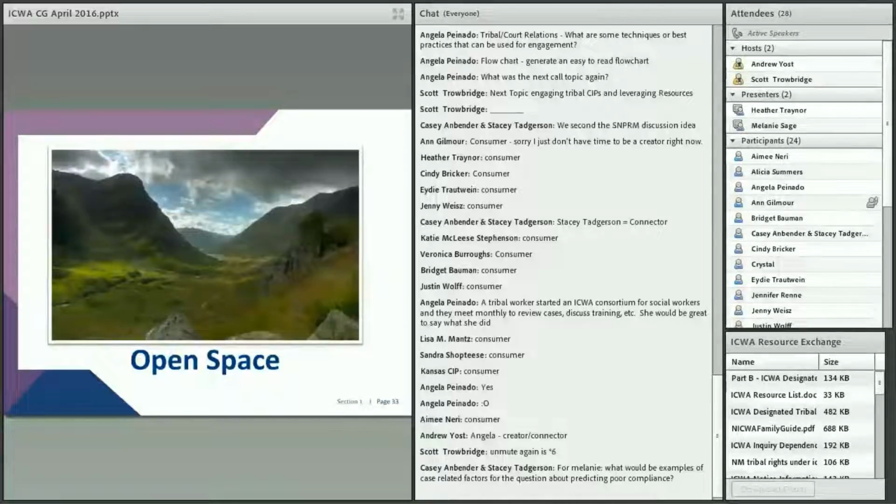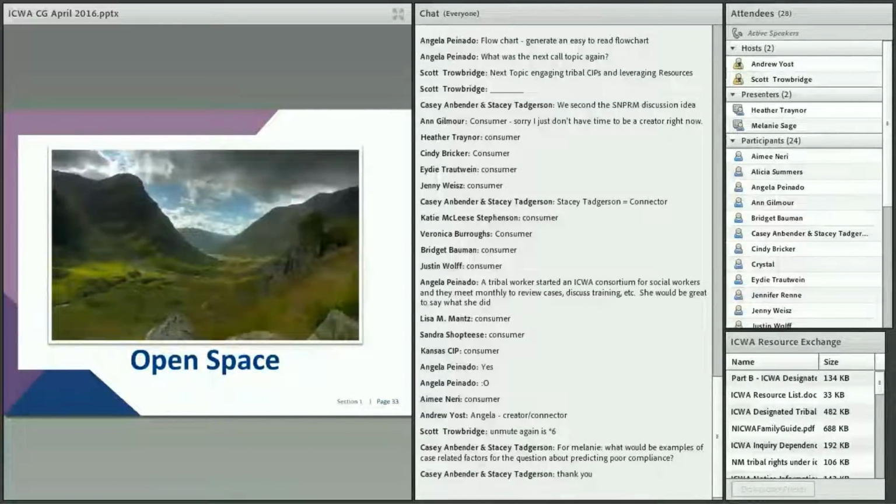Gotcha. Thanks. And Ann, I see your hand is raised. You want to go ahead? Yeah, what I was wondering is whether we could create a subcommittee about the case management system, and in particular Tyler Odyssey. I know that in the first meeting, someone from Minnesota mentioned that they use that case management system, and I understand North Dakota has that, and there's some flags in that.